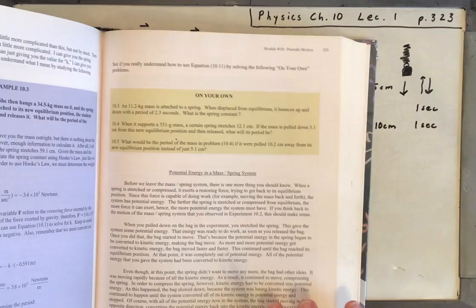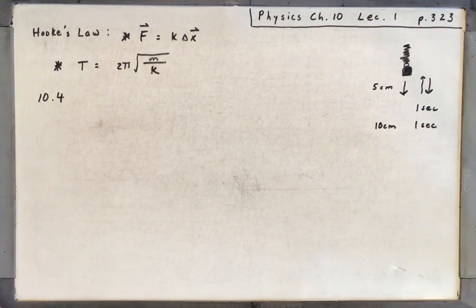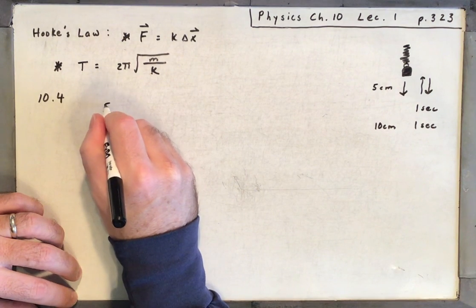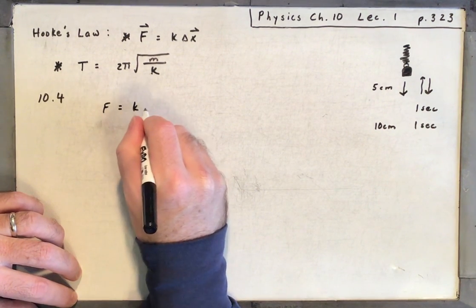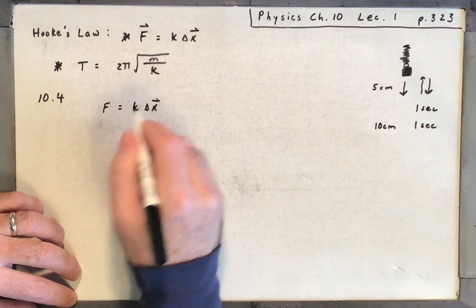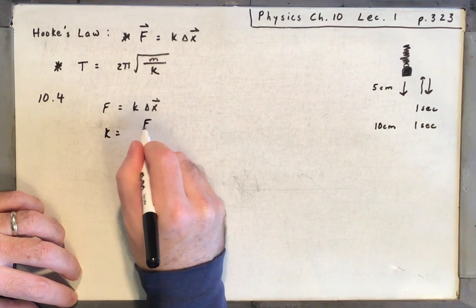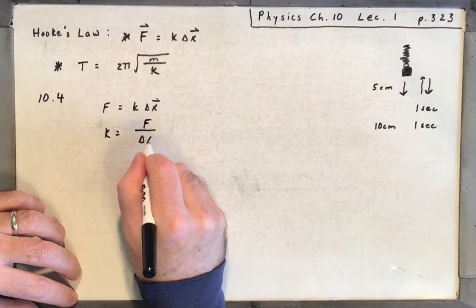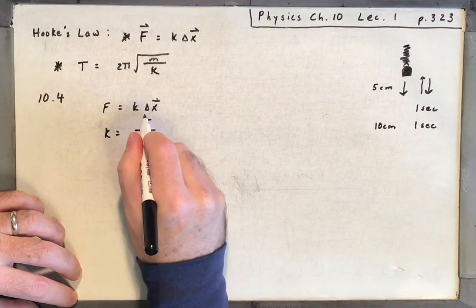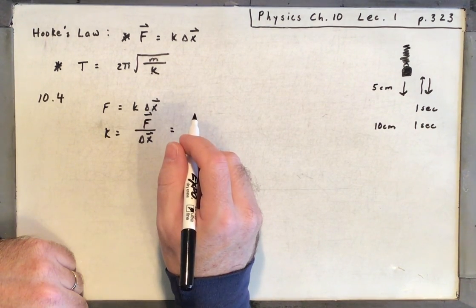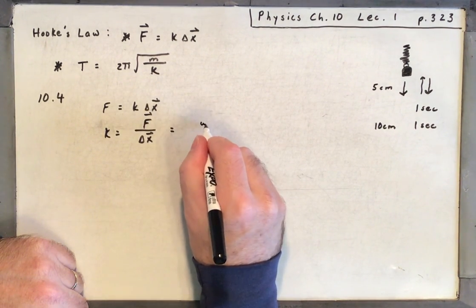Okay, so in this case, they didn't give us k, so we're going to have to solve for k first. So we know that F is equal to k delta x. So k is going to be the force divided by delta x. All right, so the force is just going to be the weight.